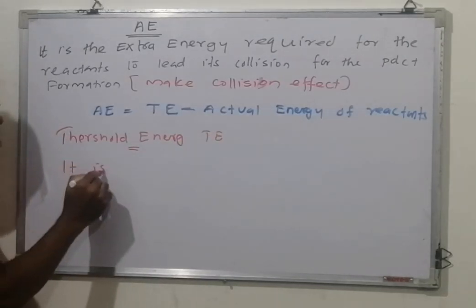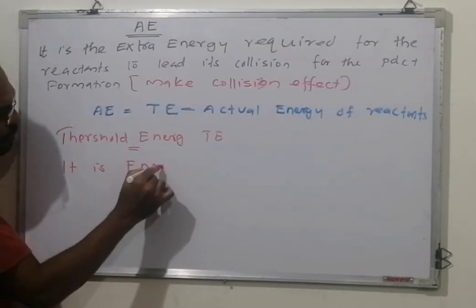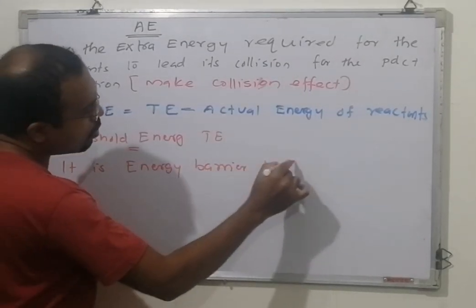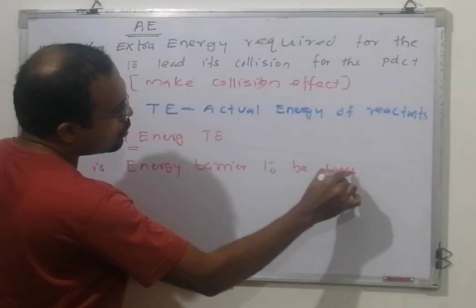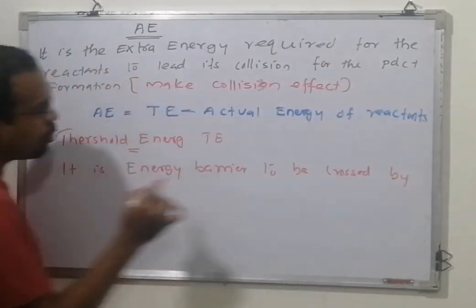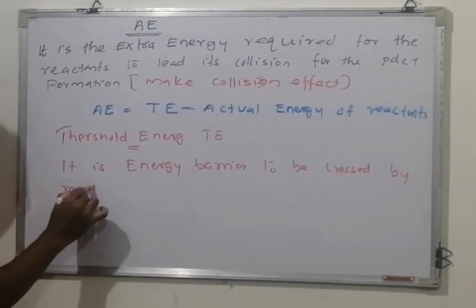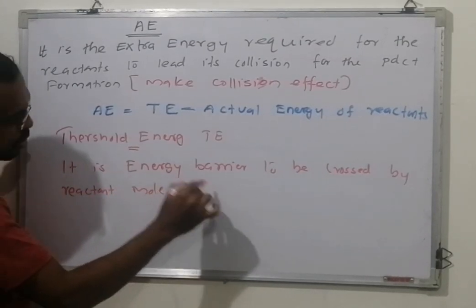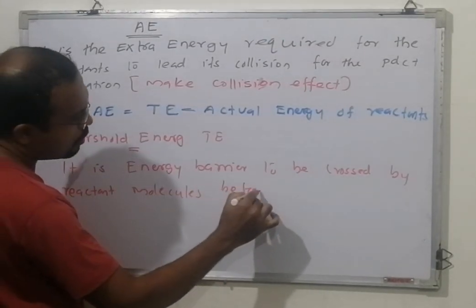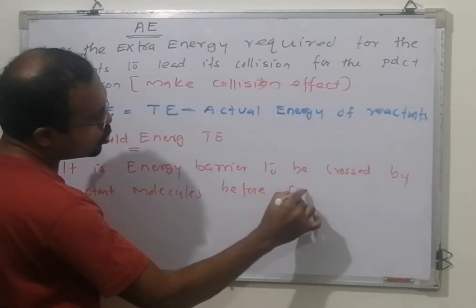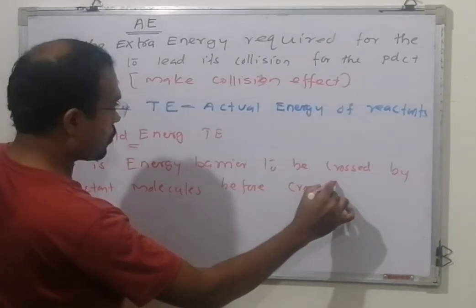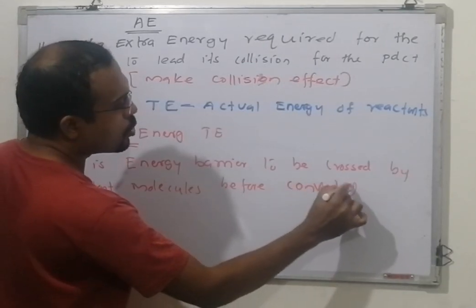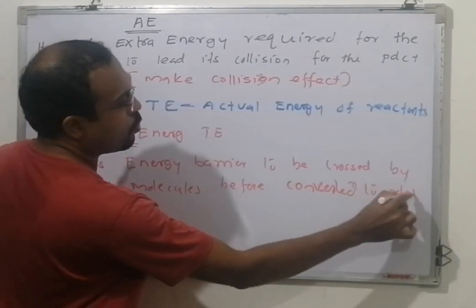It is the energy barrier to be crossed by reactant molecules before being converted into products.